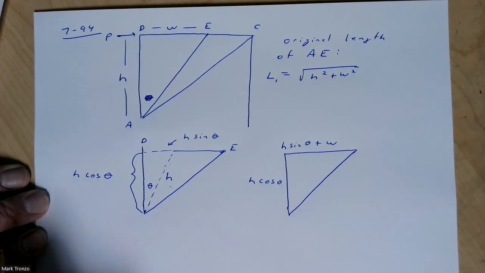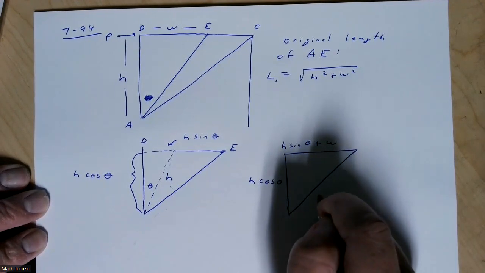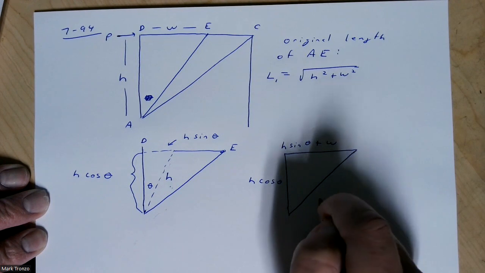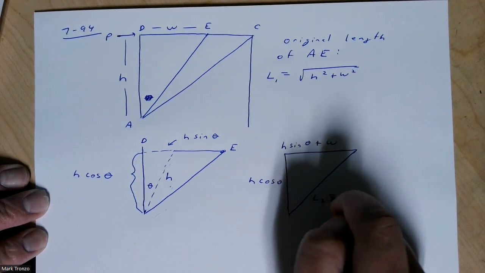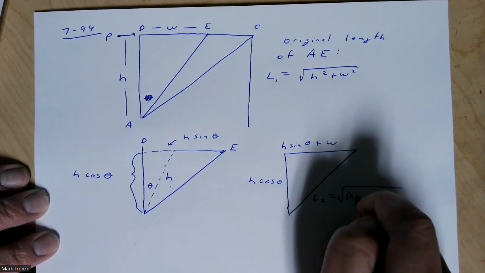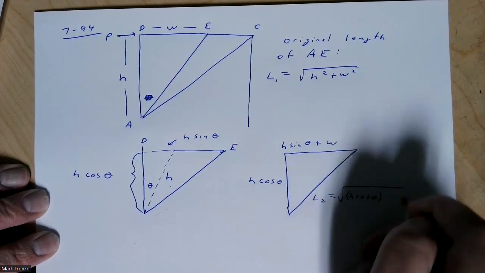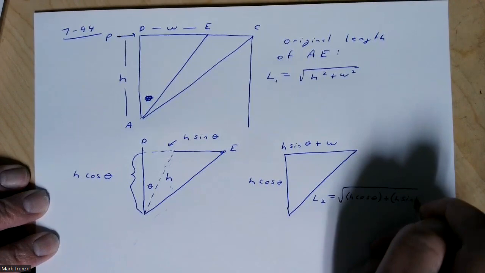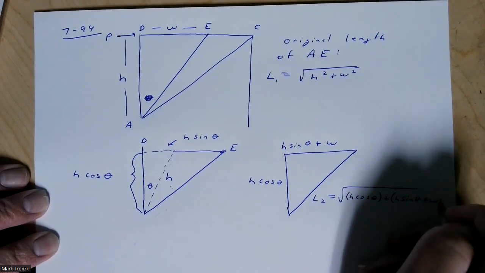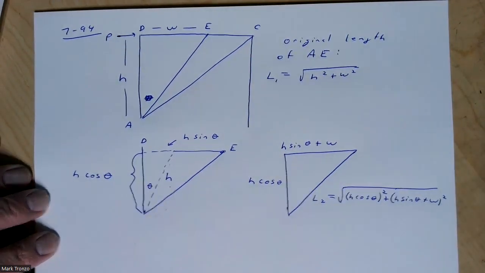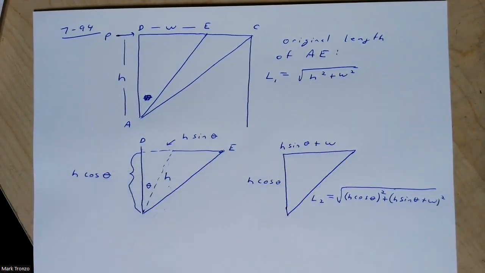So now you pretty much have it. Our L2 is going to be the square root of (H cos theta) squared plus (H sine theta plus W) squared, of course. That's going to be your new length right there.